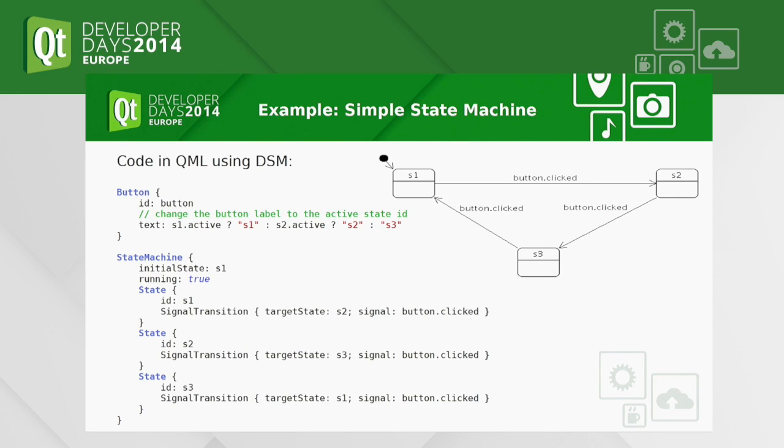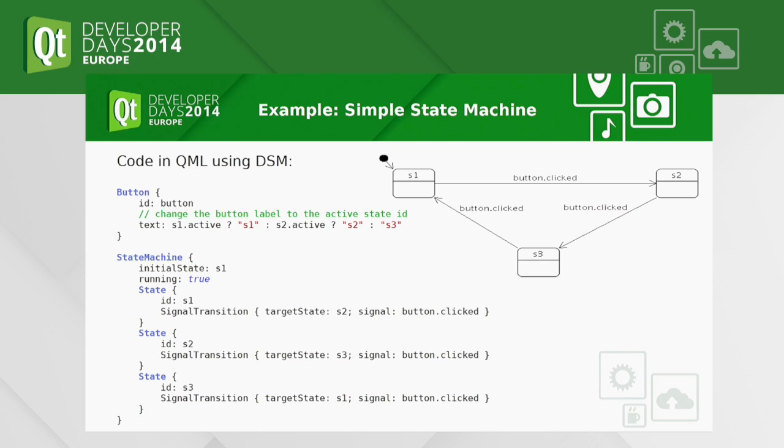So in this case, if S1 is active, you name the label S1. If S2 is active, you name it S2. And in the else case, you name it S3. Nothing else you need. And below that, you create the actual state machine in QML.